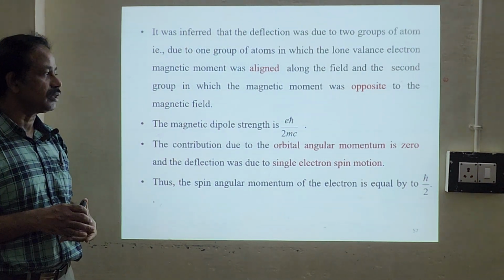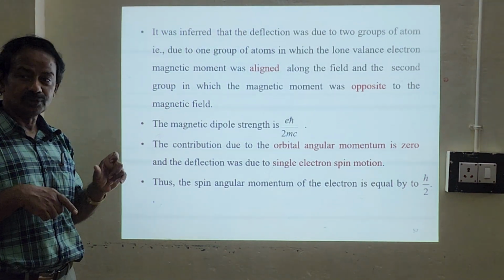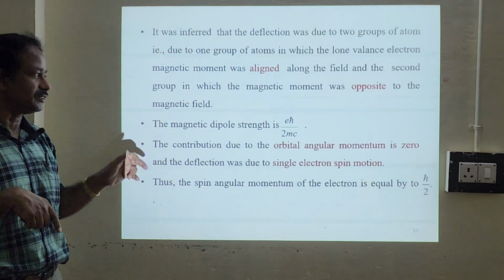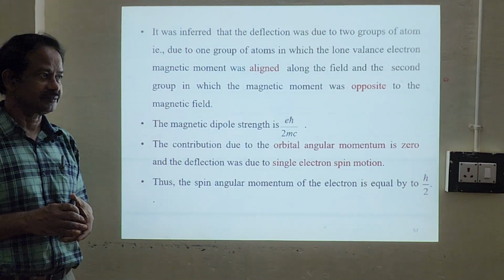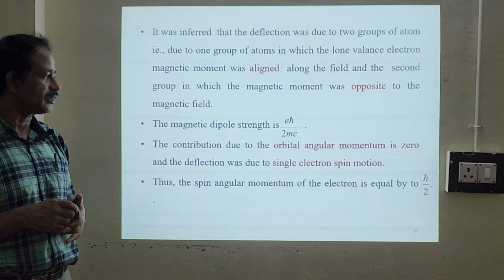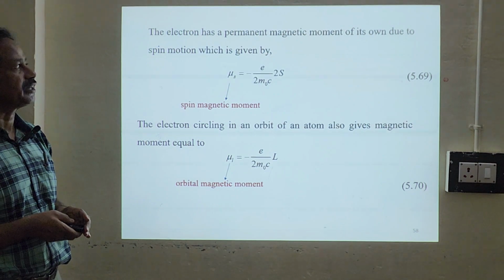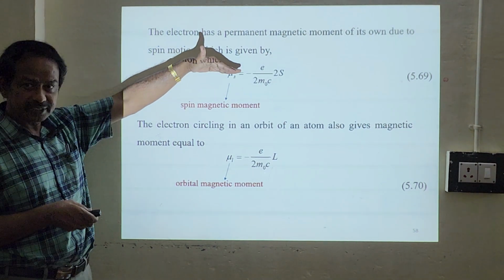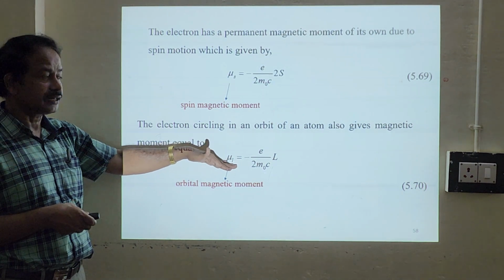The contribution due to orbital angular momentum is 0 because an s electron has no orbital angular momentum, so L equals 0, and the deflection was due only to the single electron's spin motion. Thus the spin angular momentum of the electron is equal to plus h bar by 2 and minus h bar by 2.